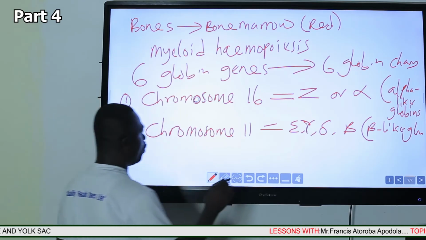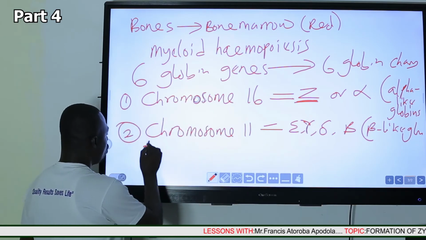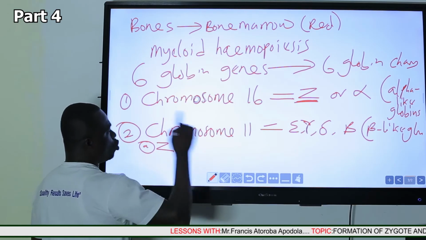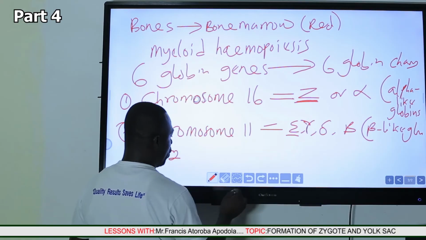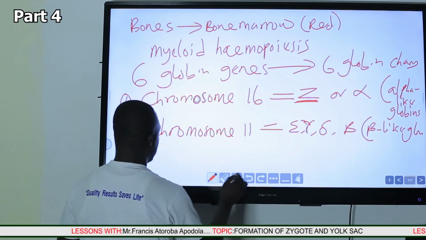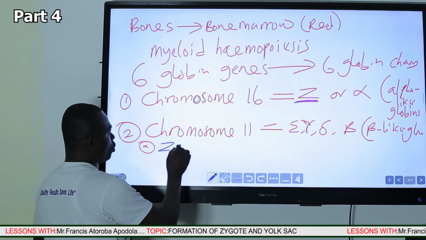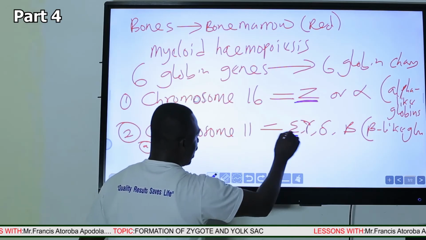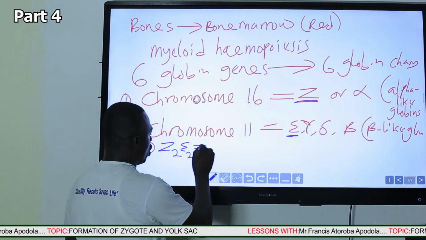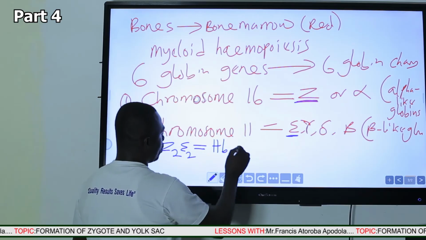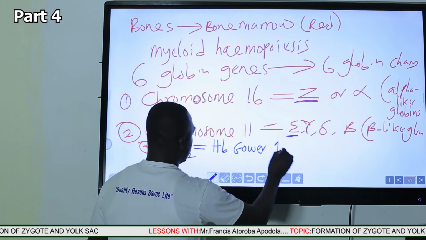Going by this approach, we can have the zeta globin, usually 2 zeta chains, combine with 2 epsilon chains, and this is called hemoglobin Gower 1.